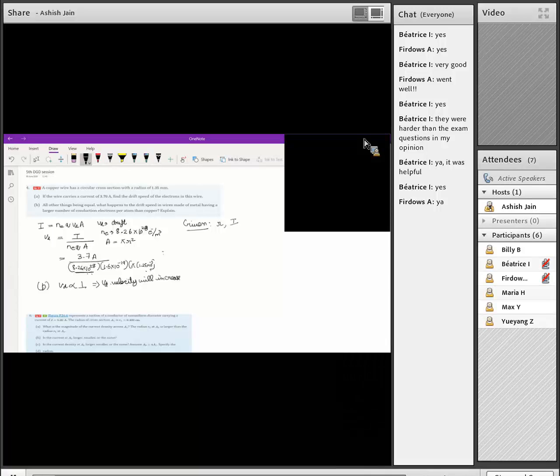They gave us the radius, they gave us the current. So we have to find the drift velocity.